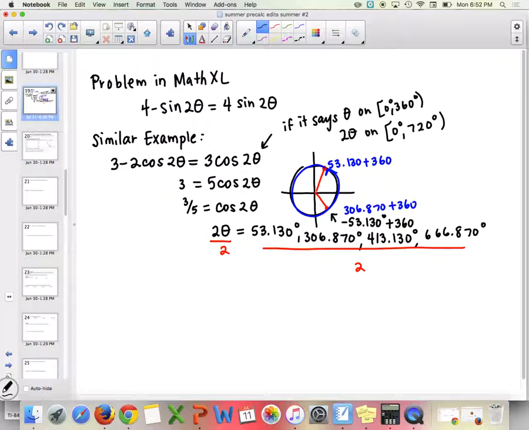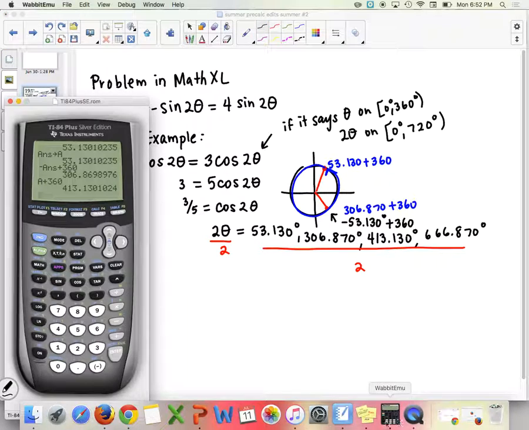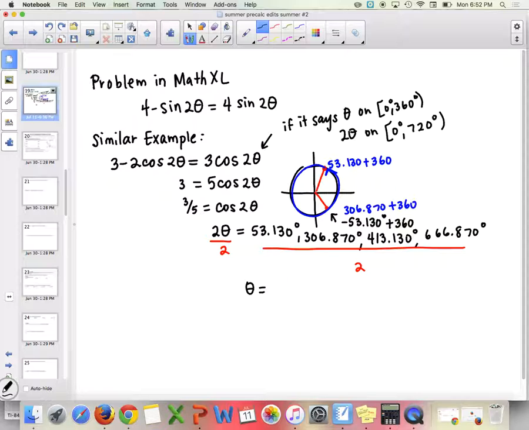It's probably a good idea to store it, so I would do A divided by 2, just in case your rounding is a little bit off. This one is okay though: 26.565. I don't know what MathXL says to do, like round to the nearest hundredth or tenth, or in this case the thousandth, so pay attention to those directions.